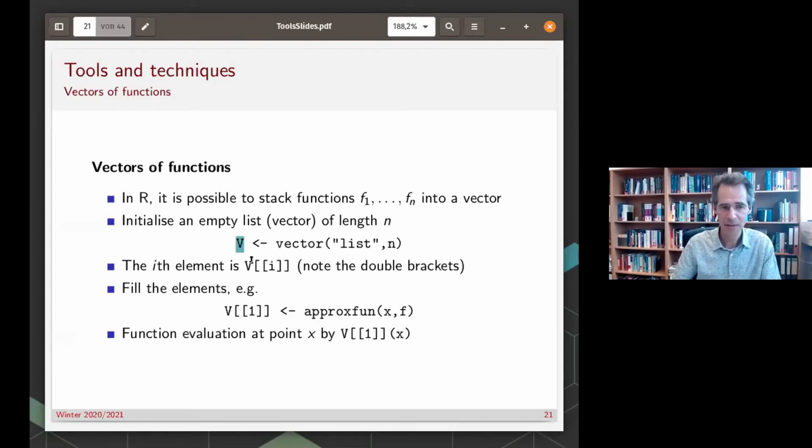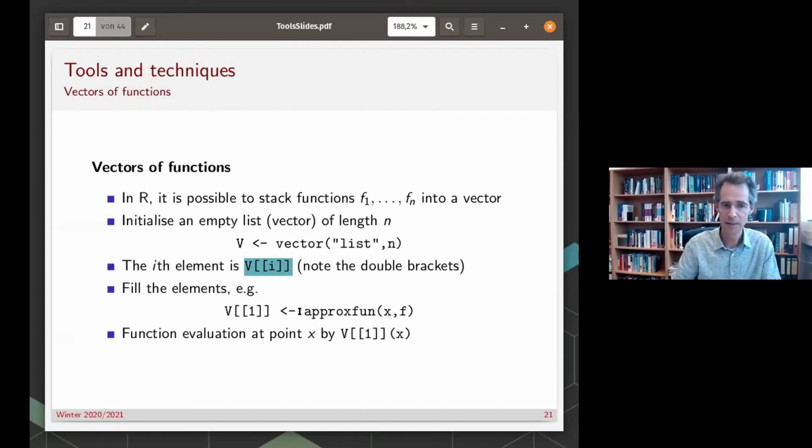And therefore, if you want to assign something to a certain position of this list, you need the double bracket indexing. So using this notation here, you can assign something into the ith element of this vector.